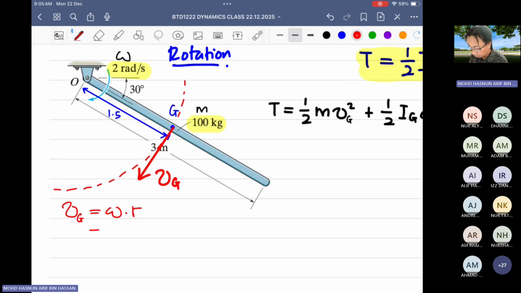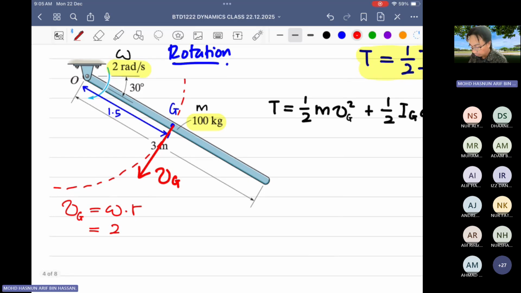Yes, the omega is 2. Do we have the value of R? Yes, which is 1.5 meters. So we have Vg equal to 3 meters per second. This is the velocity of the center of gravity G.